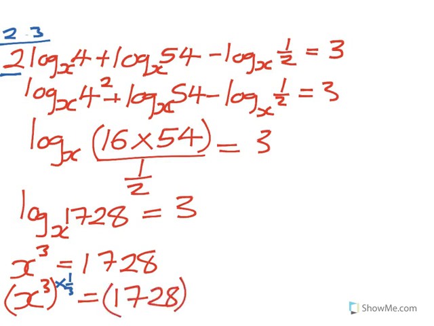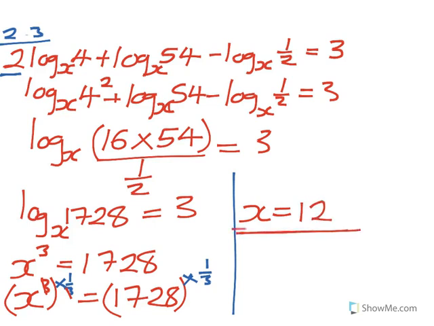I also multiply it by a power 1 over 3. Remember, there's a power. Now if I again use a calculator, in this case this 3 and this 3 will cancel. I'll get my x is equal to, use a calculator, 1728 to the power 1 over 3 will give you x is equal to 12.